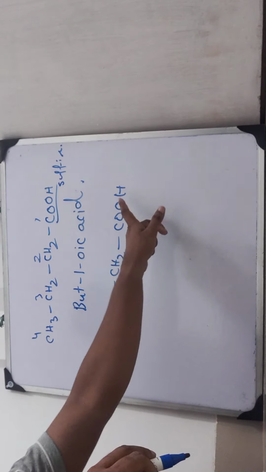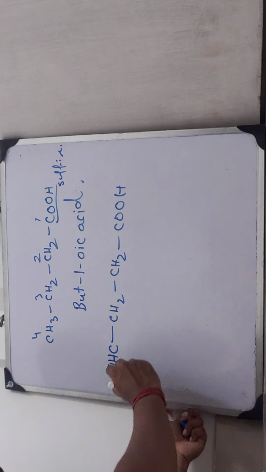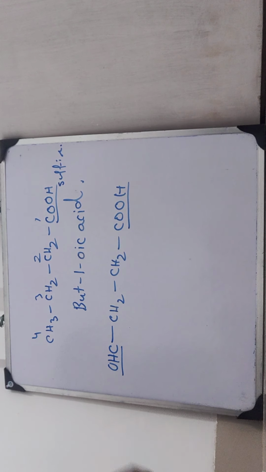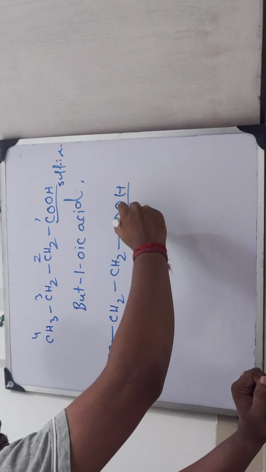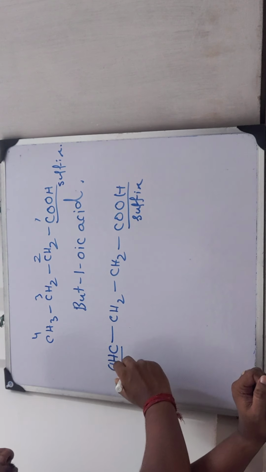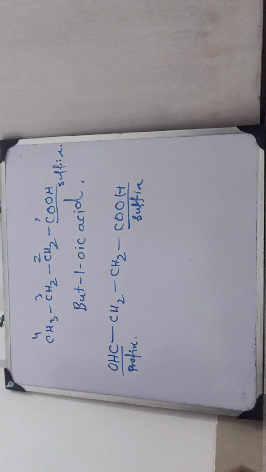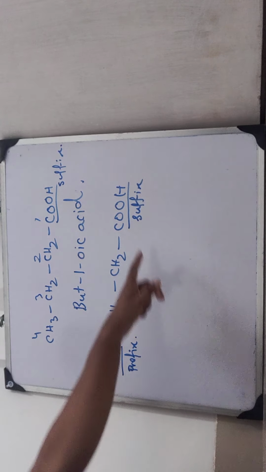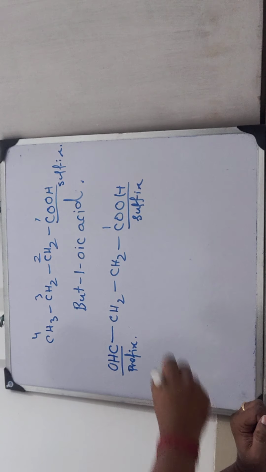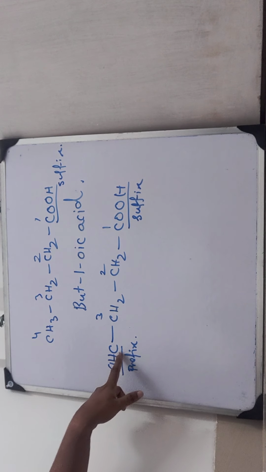Now consider a compound where two functional groups are present, one COOH and the other CHO. According to the priority chart, COOH should be given greater priority. For that, the suffix will be used, and for CHO, the prefix will be used. Numbering should start from the COOH carbon: 1, 2, 3, and this one is carrying a carbon.